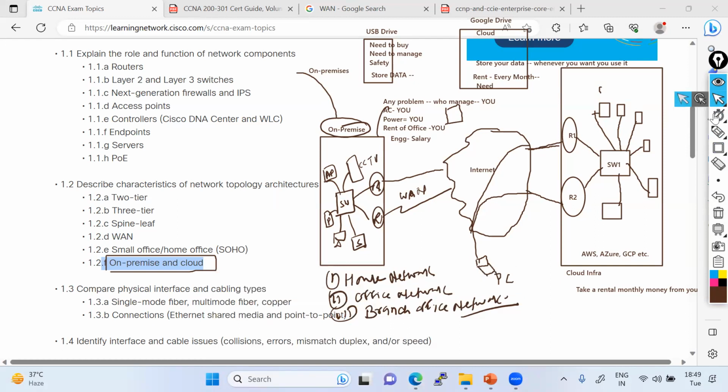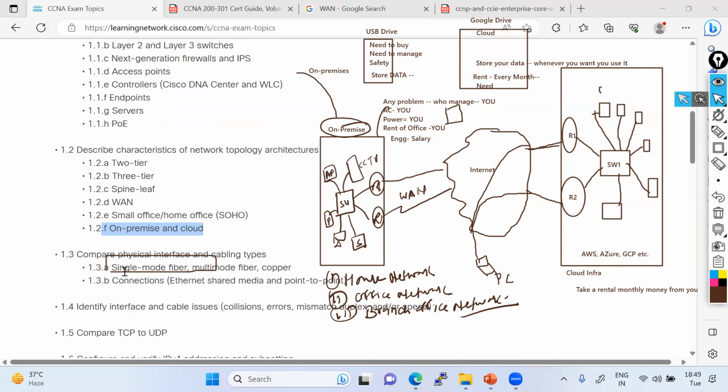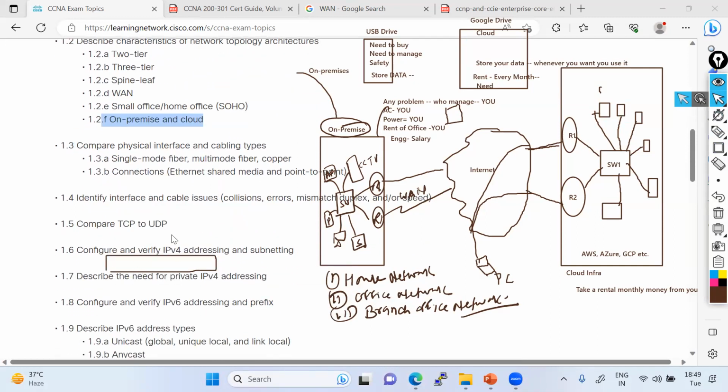Okay, so if we are good till here, what we can do is take one small topic, TCP versus UDP, right? Then we'll try to understand these things in the next class.